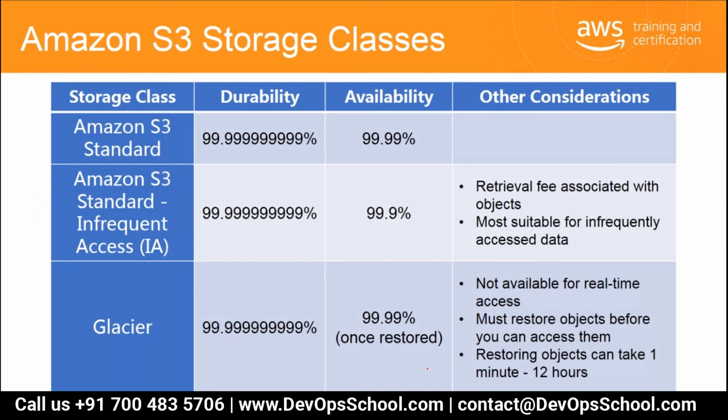So there are these three storage classes in Amazon S3. S3 Standard, which gives you 11 nines durability and 99.99 availability. Then you have S3 Standard Infrequent Access, which also gives similar durability and availability, but is mostly suitable for infrequently accessed data.